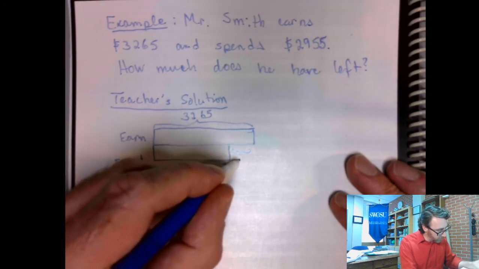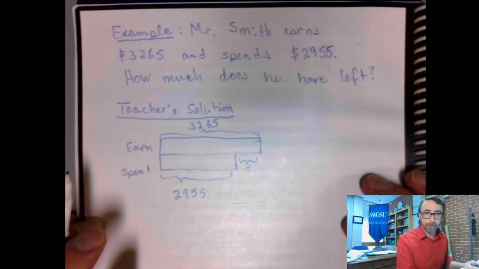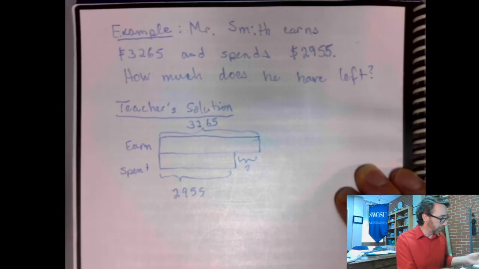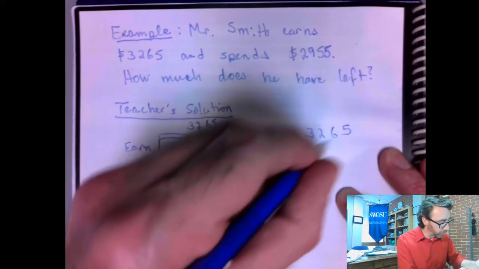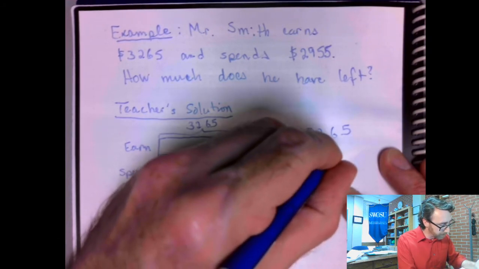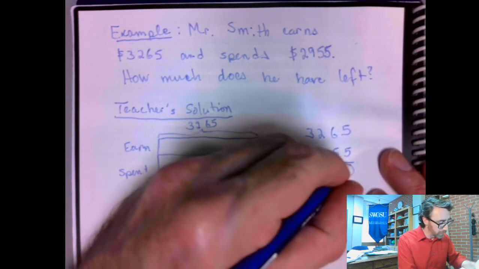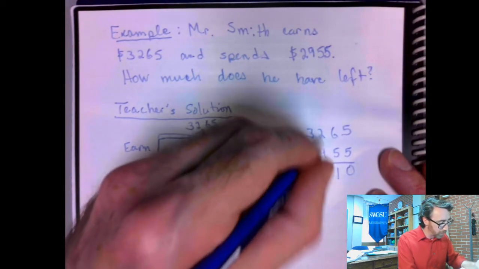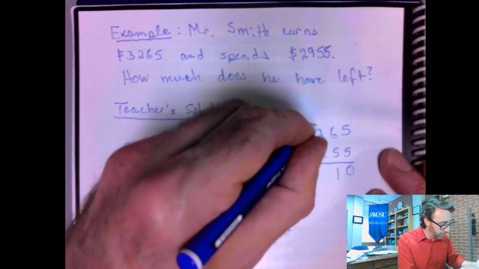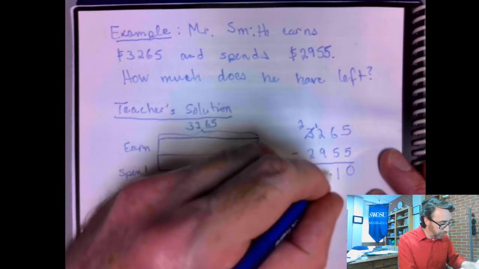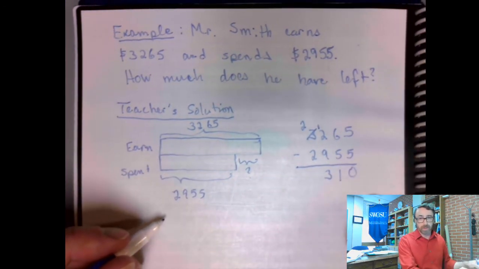So the question we're trying to answer is, how long is that little piece right there? Okay, what's the overlap? And of course, we answer that question by doing a subtraction. Okay, so 5 minus 5 is 0, then 6 minus 5 is 1, 2 minus 9 can't do it, so we unbundle. We have 12, so that leaves us with 3. So that's the answer to the subtraction.